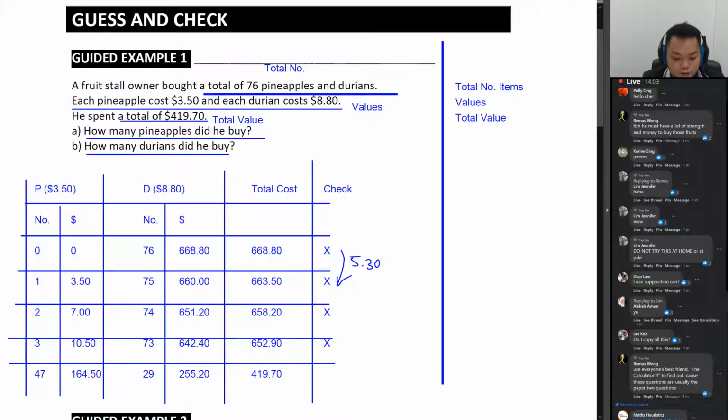This is what I'll call a small difference. The big difference over here is I need to get from 668.80 to 419.70. So this is what I call the big difference. 668.80 minus 419.70 will give you 249.10.